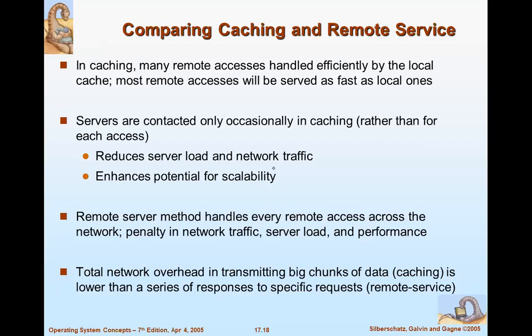It also enhances the potential for scalability. That's what I told you: now the server is able to handle 2000 users instead of 500. So you are increasing the scale 4 times, jumping from 500 to 2000 with the help of this new approach of caching data at local clients.